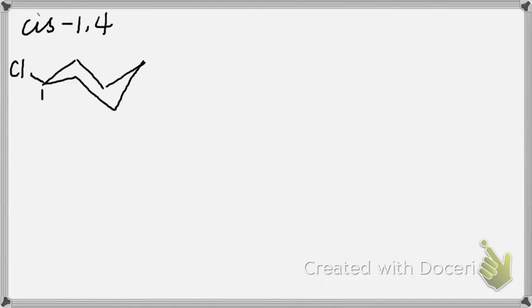So on carbon 4, going up is an axial position. That's one of the chair conformations for cis-1,4. And as you can see here, one chlorine is on the equatorial position. The other chlorine is on the axial position.